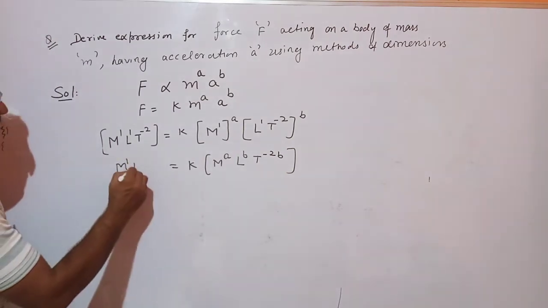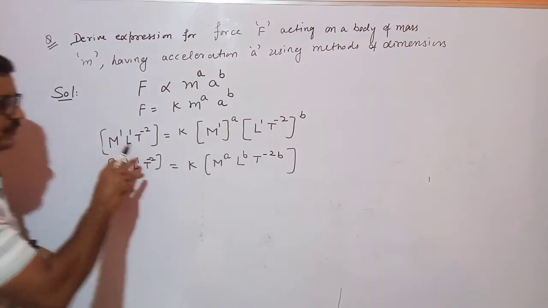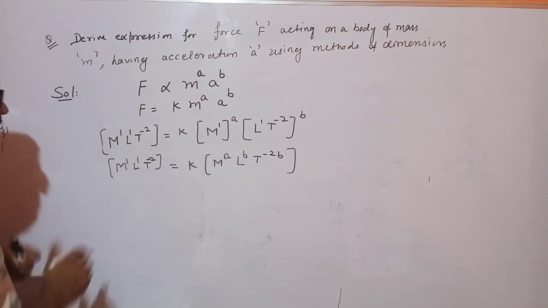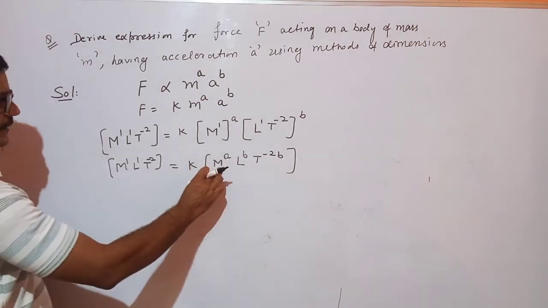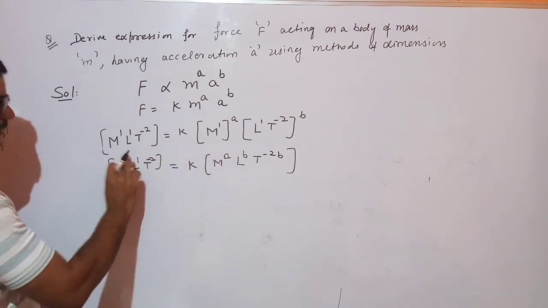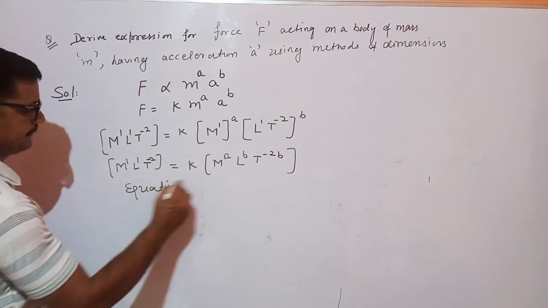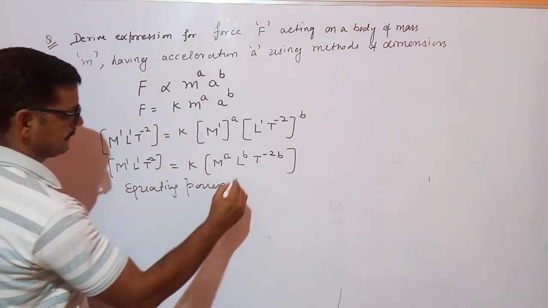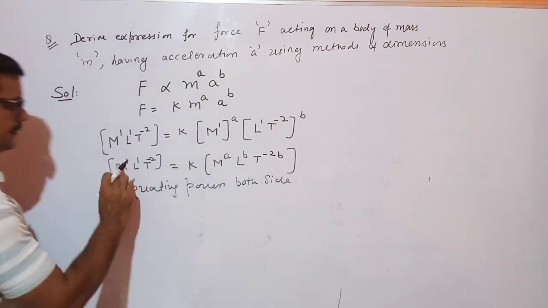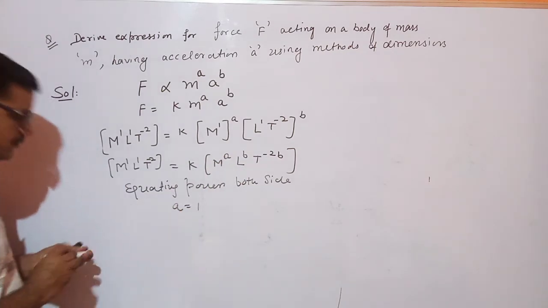So now we have to apply our third step here, and that is to equate the powers of m, L and t. Now if you see here, m power a and here m power 1. So equating powers both sides, m power 1, m power a, it means a equal to 1.